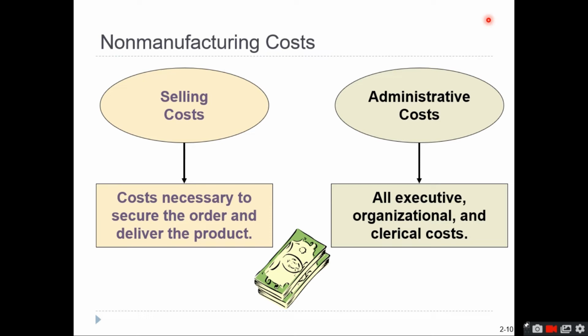That's why non-manufacturing costs are classified as either selling costs or administrative costs. Selling cost pertains to costs that we incur in order to facilitate the sale of the product or to deliver the product. And administrative cost pertains to office, organizational, and other clerical costs related to the operations of the company.